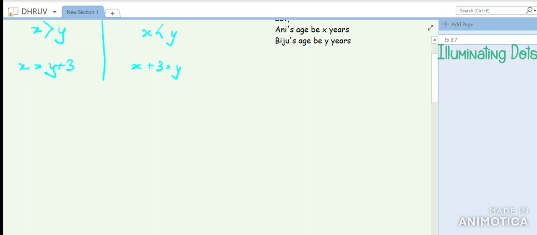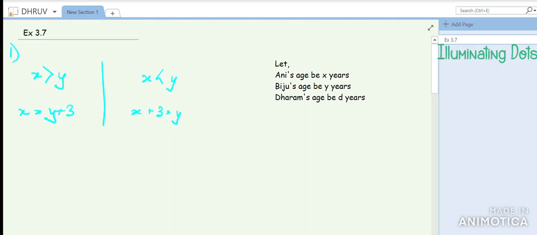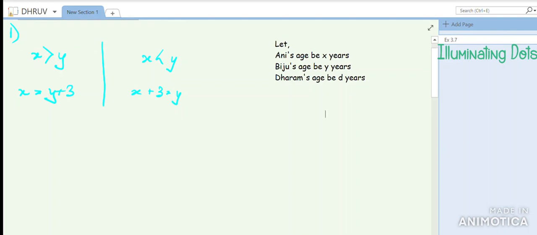Now the next part: Ani's father Dharam is twice as old as Ani. We will assume something else also. We assume Dharam's age to be D years, because you can assume it to be anything, and I felt D was good.